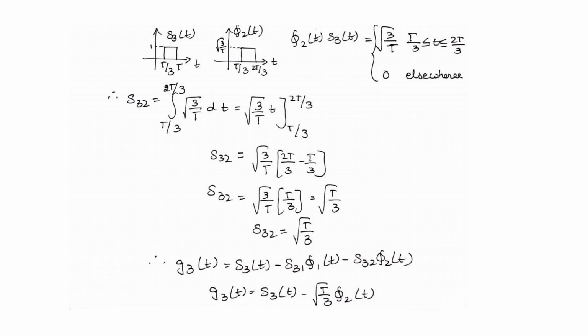Substituting the values of S31 and S32 in the generalized equation for i equals 3, I am getting this equation, that is G3 of t is equal to S3 of t minus root t by 3 into phi 2 of t.